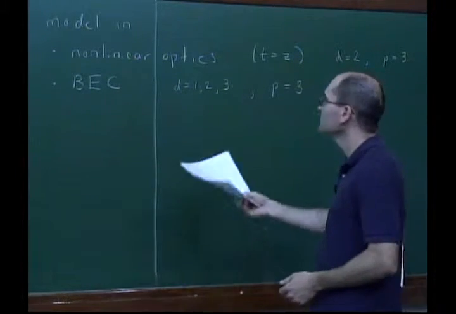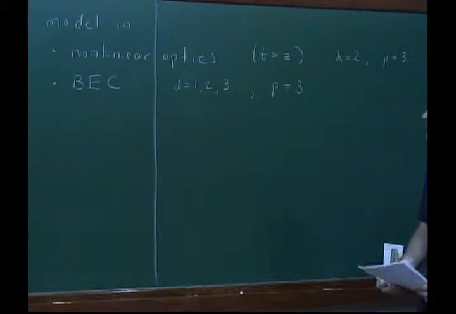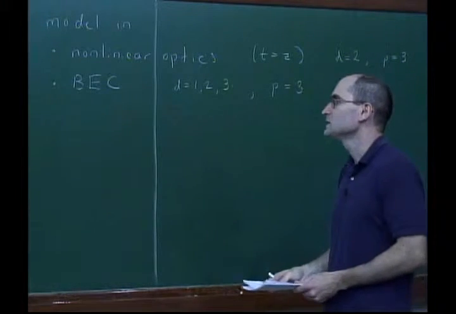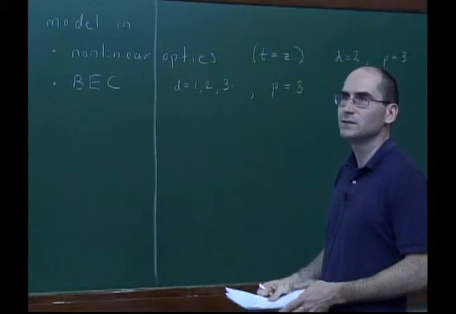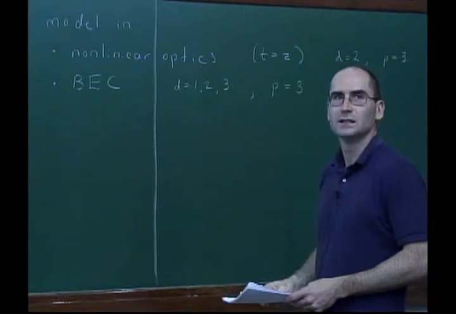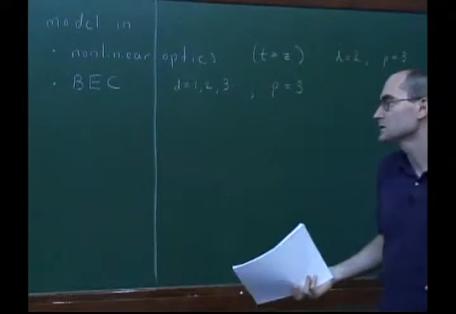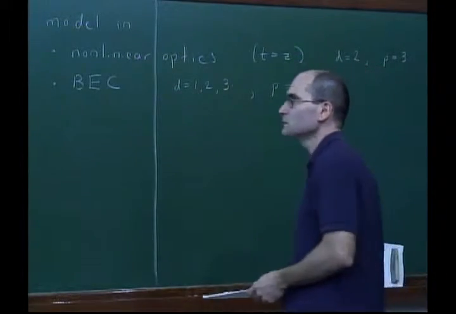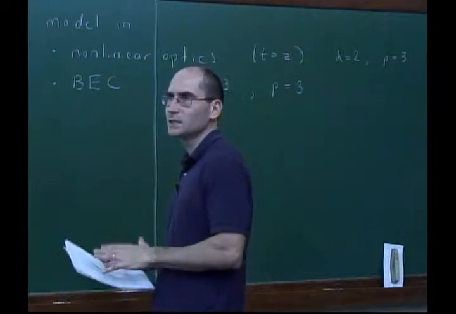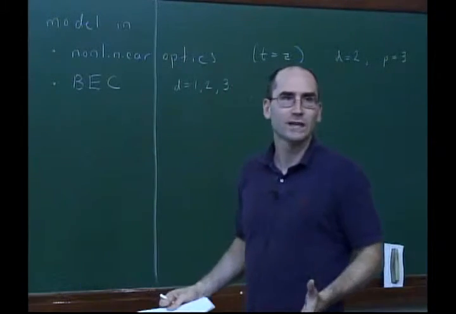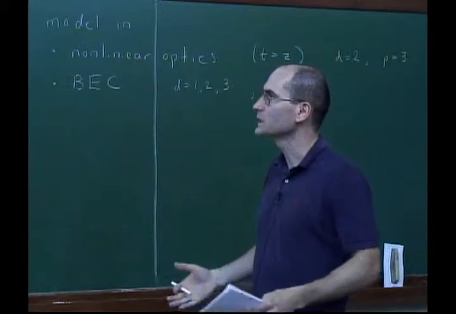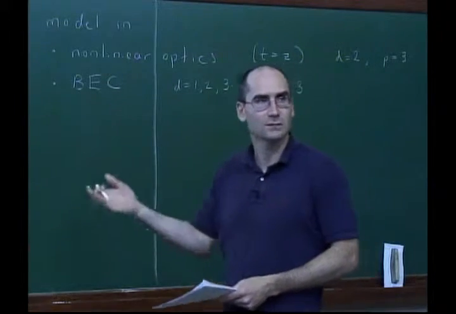But in Bose-Einstein condensation, we're talking about ultra-cold atoms at just a couple of nanokelvins. It's a collection of, I don't know, a few thousand atoms that have some collective behavior, and the cumulative behavior is modeled by a wave function, and u is the wave function.